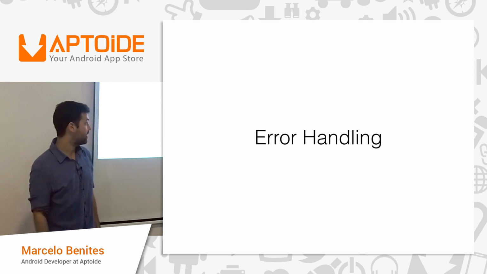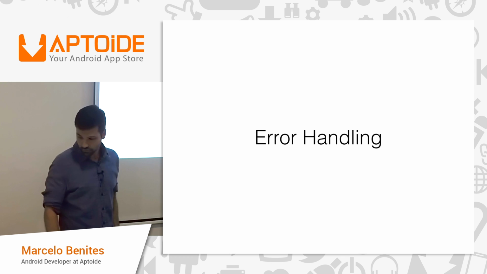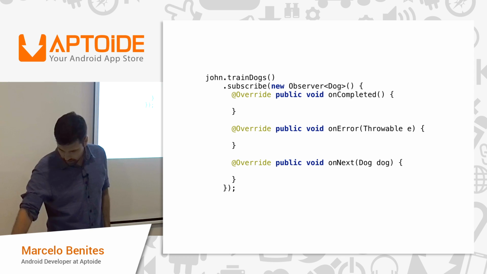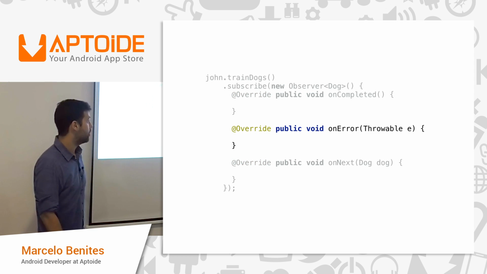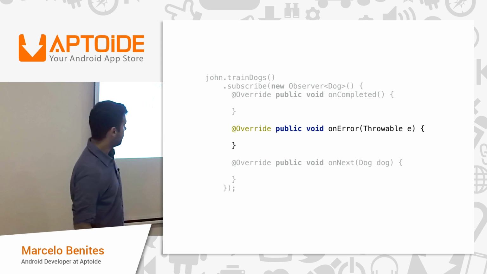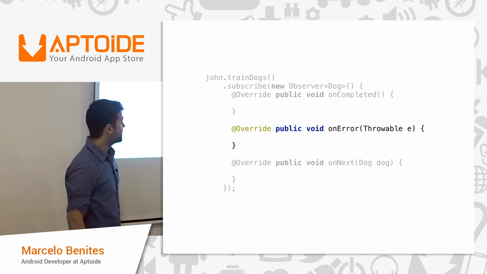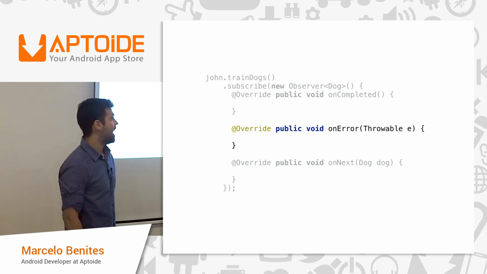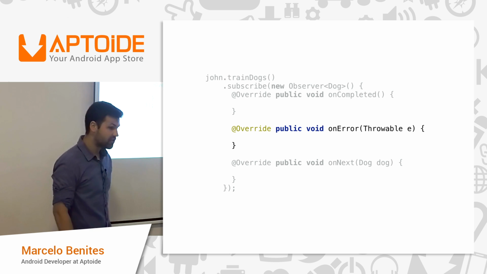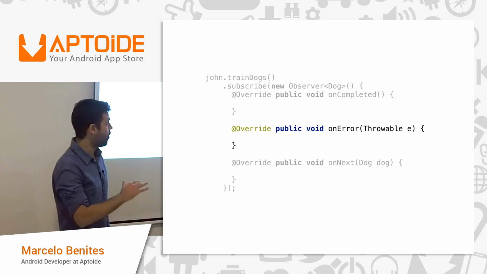Finally, we have error handling. Like I've shown you, this is onError. It will happen only once, and when it does, the stream will never emit items again, unless we do something about it. But by default, it won't.